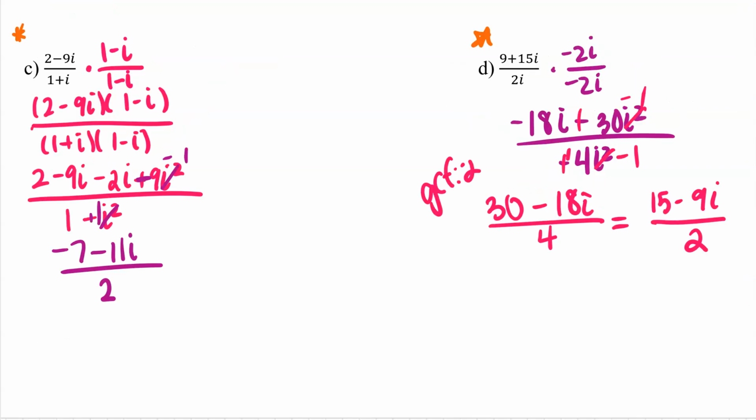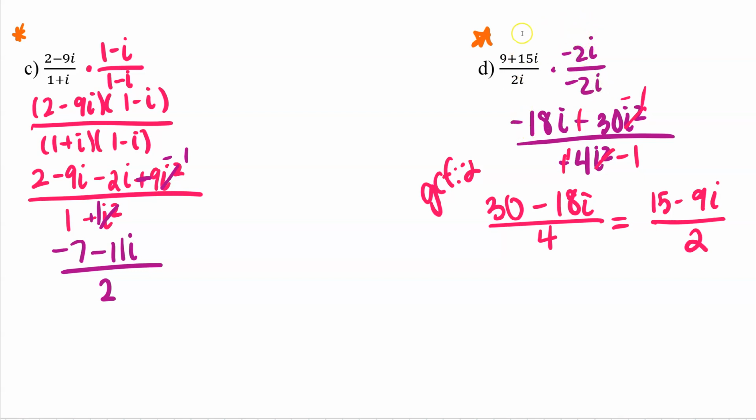All right, so here's what I have for part C and part D. So for part C, the conjugate is 1 minus i. And then you're going to FOIL, combine your like terms. So I ended up with -7 minus 11i all over 2. So for part D, the conjugate is -2i, so top and bottom.